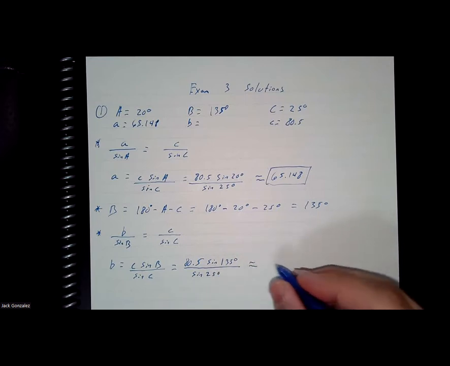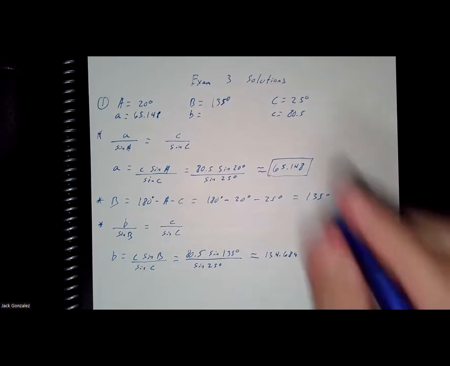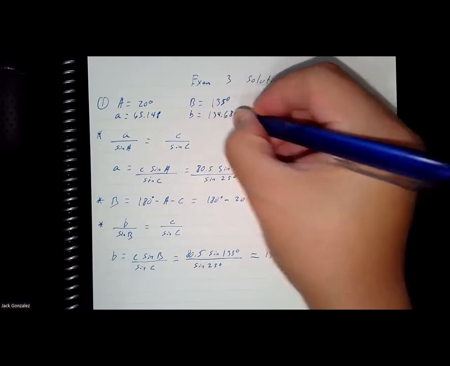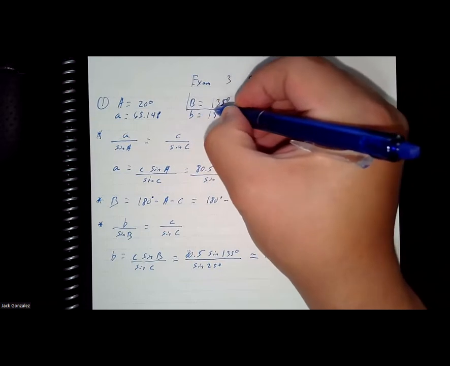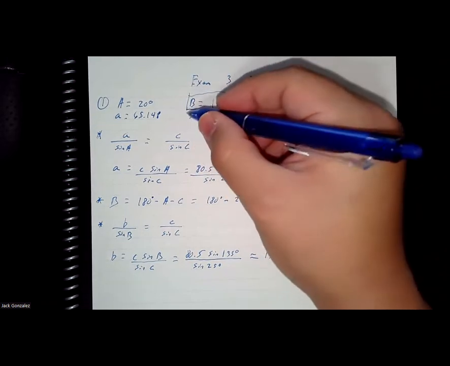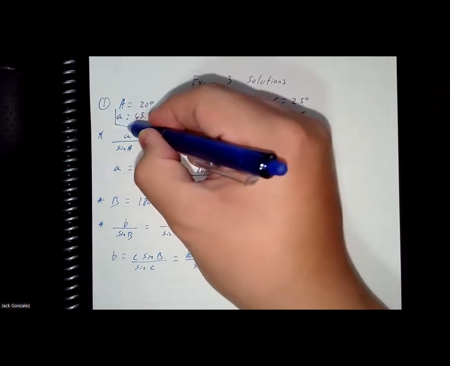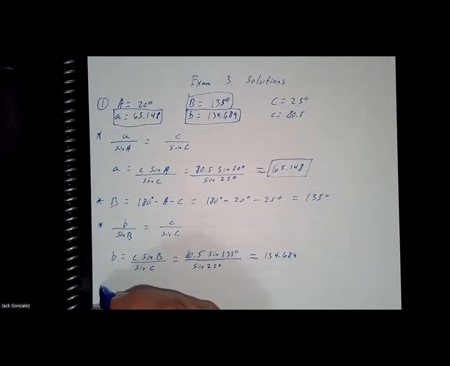So little b will be 134.689. Okay. So we found the three missing parts. Capital B was not given. Lowercase b was not given. And lowercase a was not given. There we go. 2. Find the area.